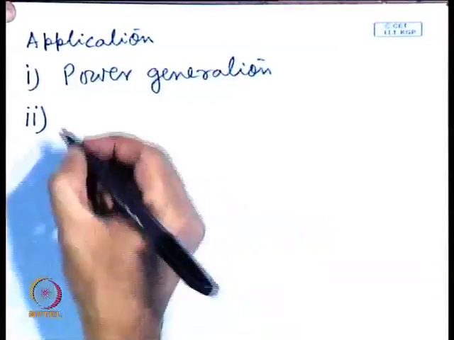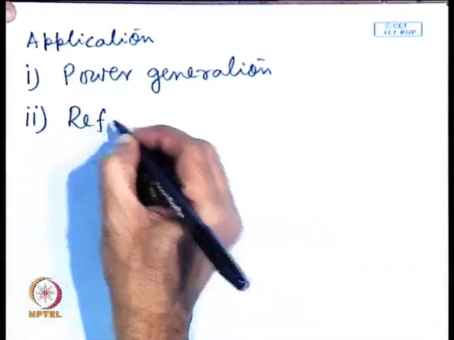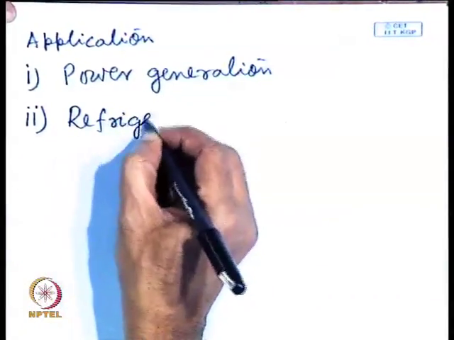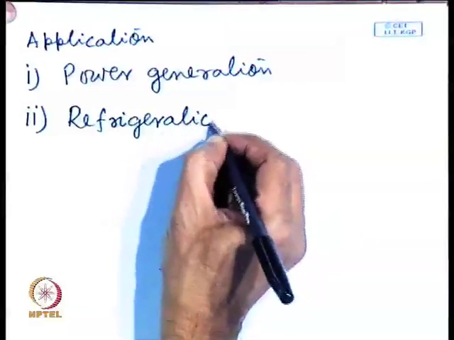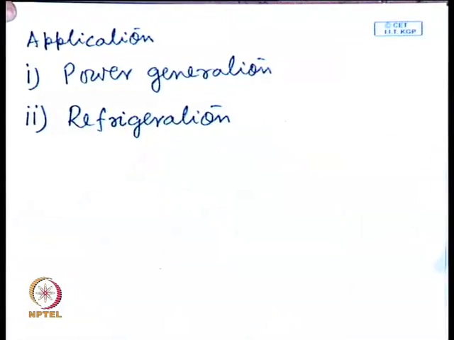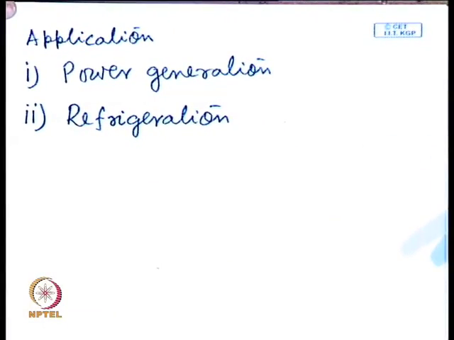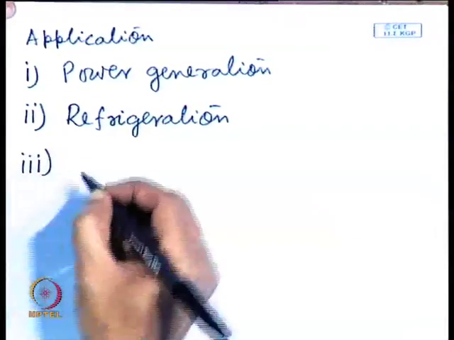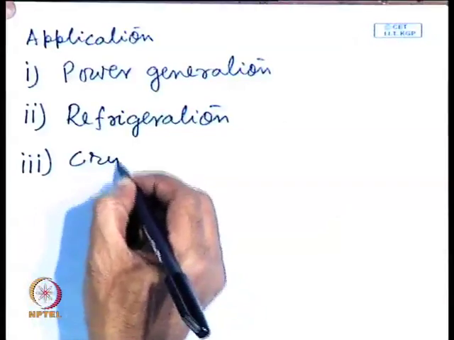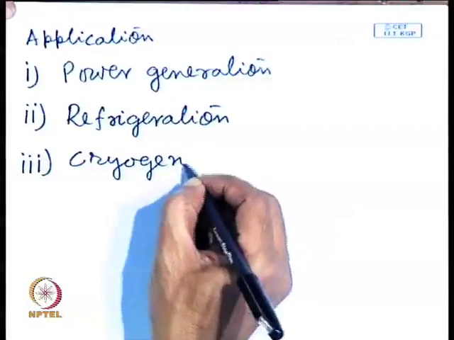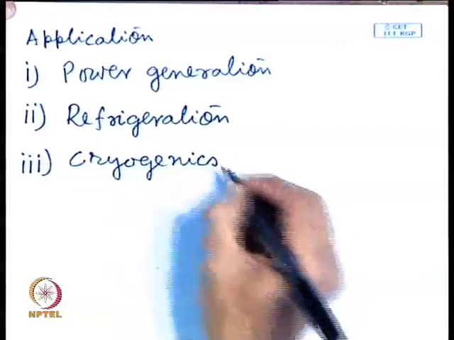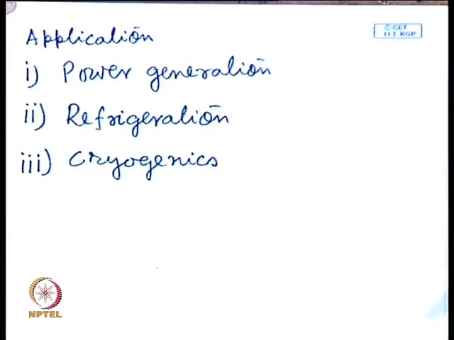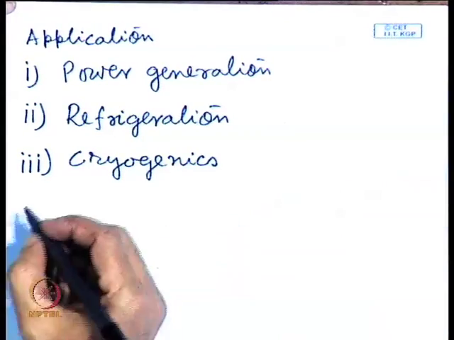Then we have refrigeration. A refrigeration cycle is just the reverse of a power cycle, so here also evaporation and condensation are both important. Then we have cryogenics, where phase change phenomena also play a very important role.